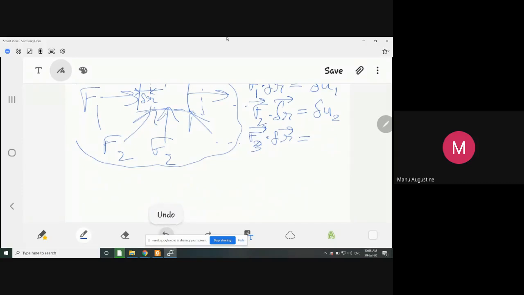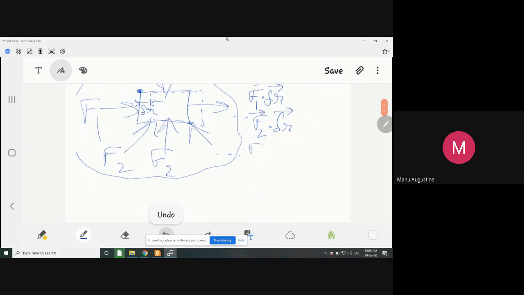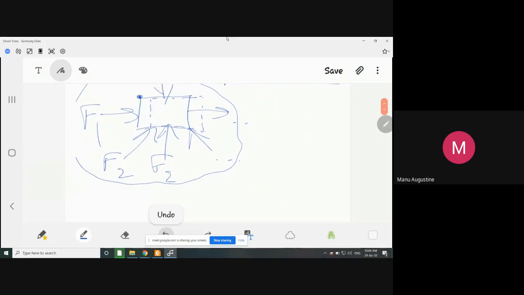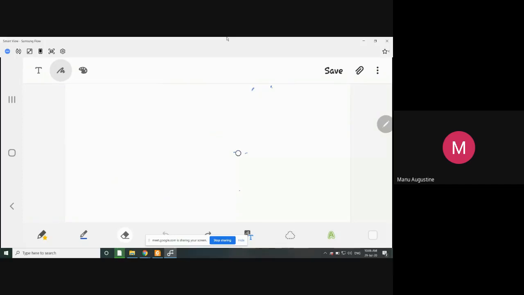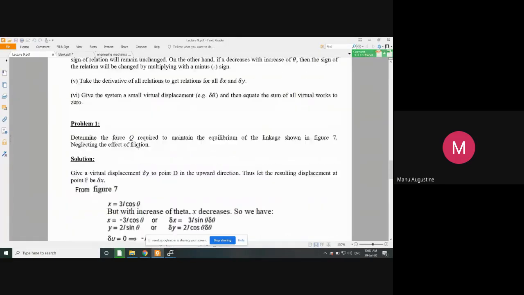Now we will go to a numerical problem. Look at this problem.